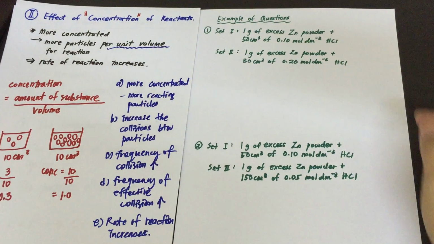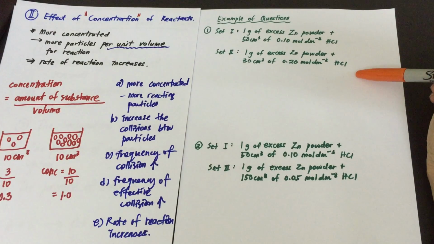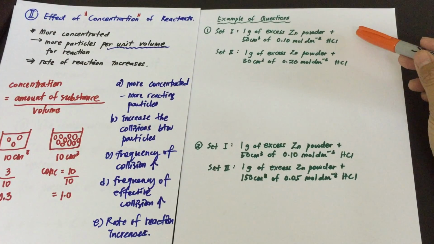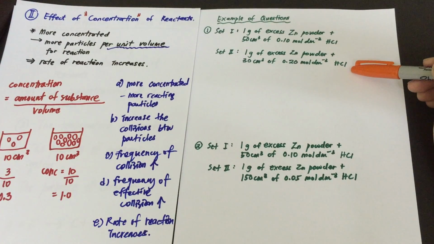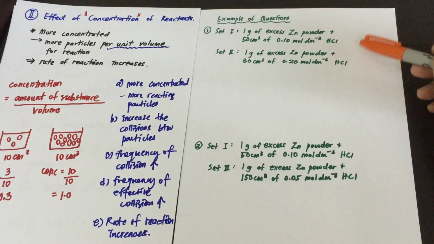Usually you will be given two different sets of reaction conditions, and from here, as usual, we have to find out what the similarities between them are, that means the constant reaction conditions, and also what the differences between the reaction conditions are.